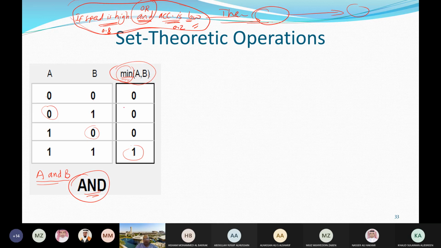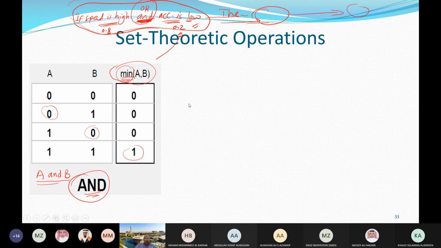For this part of the if-then rule, the first part is 0.8, the second part is 0.2. If we have an AND here, the value of this part is equal to what? Equal to the minimum value, which is 0.2. This is the firing value of the first part of the if-then rule. So if it is AND, the minimum value.